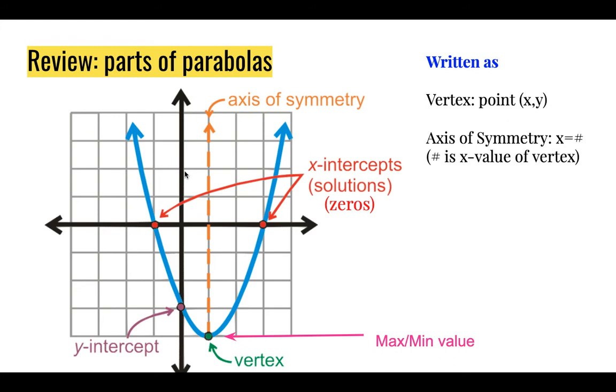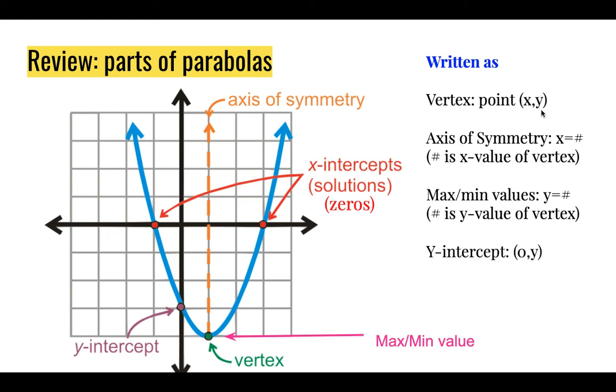Okay, axis of symmetry, you write it as x equals a number, and that number you just pull from the x value of the vertex. The maximum or minimum value, it's also written as y equals a number, and that number, you're going to pull from the y value of your vertex.